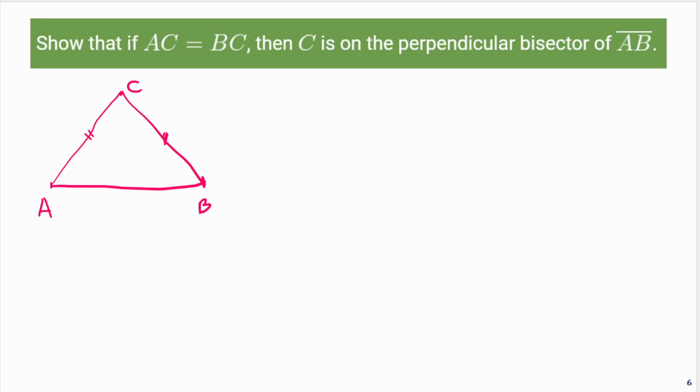Well, to show that C is on the perpendicular bisector of line AB, we can connect C to the midpoint of AB. So let's find midpoint of AB, which we'll call midpoint M here, then connect C and M. Then we can show CM must be perpendicular to AB in order to show C is on perpendicular bisector of AB, right? So in that case, AM equals BM.